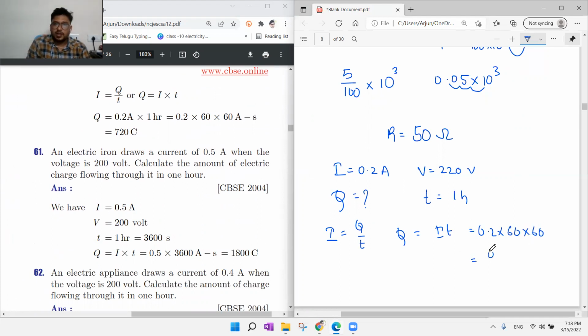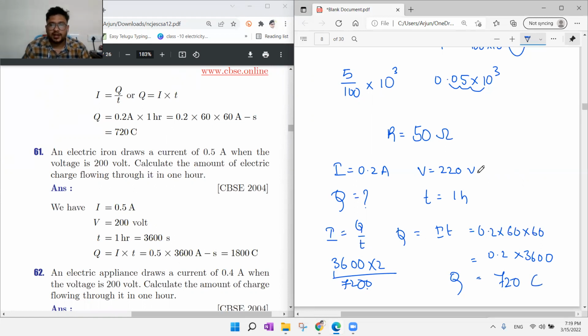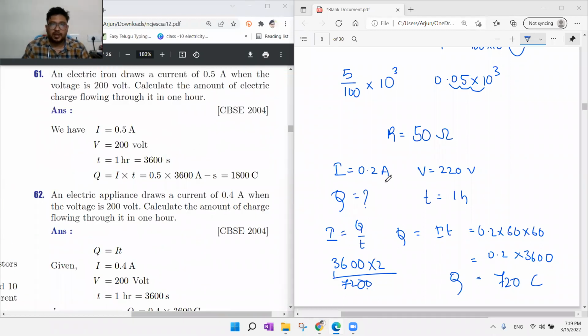So that is equal to 0.2 multiplied with 3600, or what we can do, 3600 multiplied with 2, you can get it as 7200, but there is a point here, so answer will be 720. So Q value is equal to 720 coulomb. Like that you can write it. We have 2 questions, we will complete that.